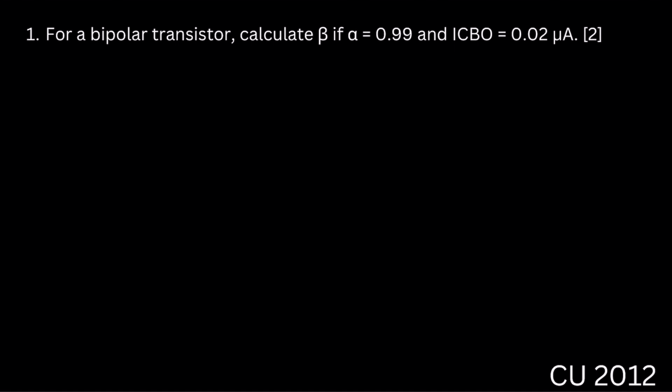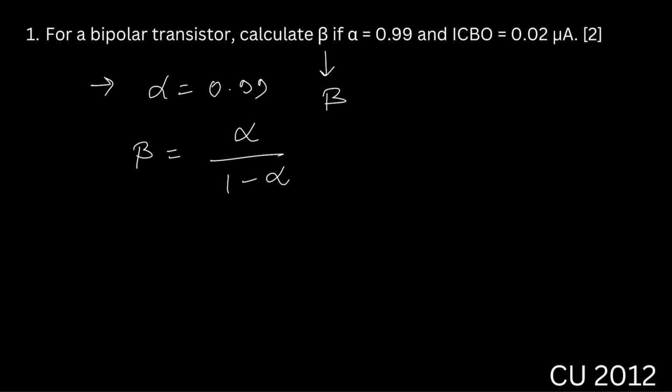So let's solve this problem. Here they provided alpha is 0.99, okay, and they need to know the value of beta. So we all know beta is equal to alpha by 1 minus alpha. So if we substitute the value of alpha, then we will get 0.99 divided by 1 minus 0.99.